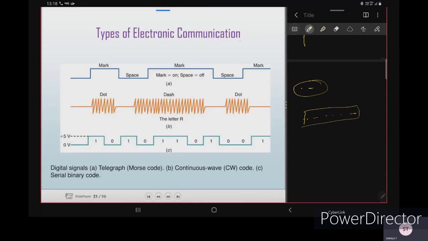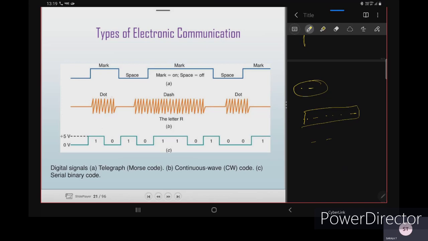Next type of electronic communication: mark, space, mark, space. That is your Morse code, mark and space. You can take it as Morse code transmission. The second one is continuous waveform.